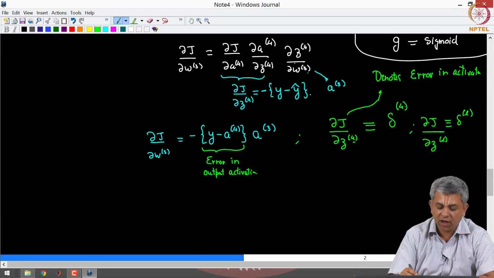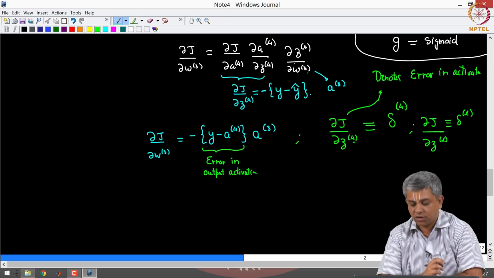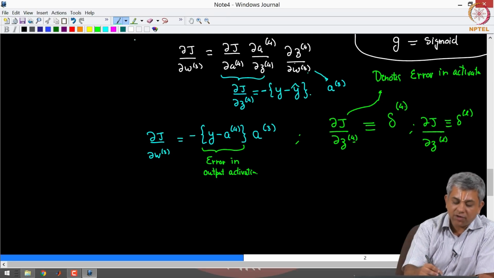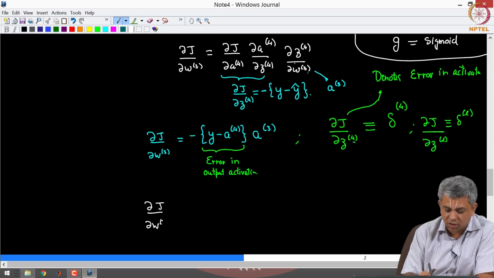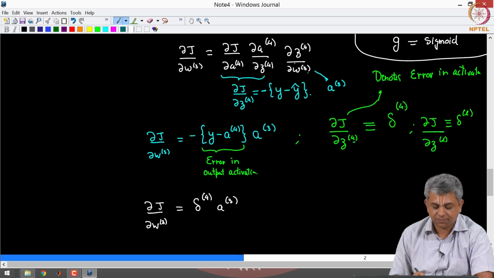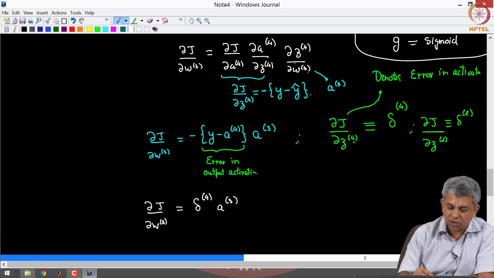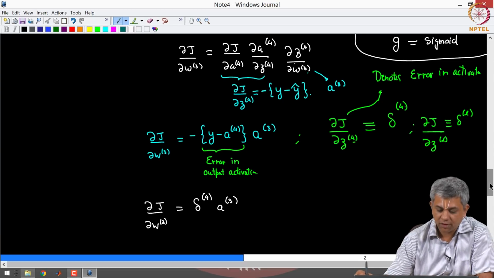Instead of A, you have A plus something, or A minus something, and that is what this term delta 4 denotes. So, we will keep that, but I have not made any approximation here. All I have said is del j del w 3 is equal to delta 4 times A 3. So, please notice this.